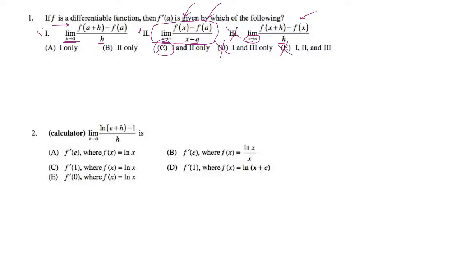Now, still using that definition of a derivative, we need to try to interpret what's going on here. And this one is going to be very similar to the limit as h approaches 0 of f of x plus h minus f of x all over h.